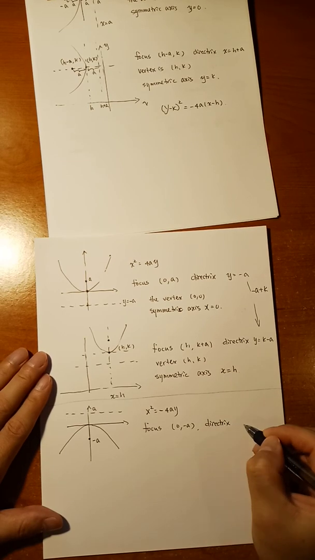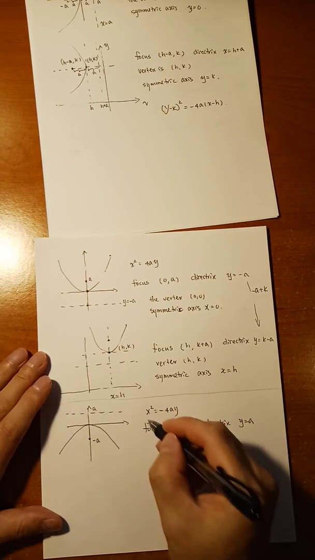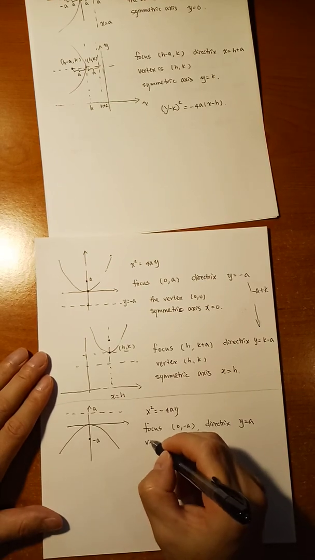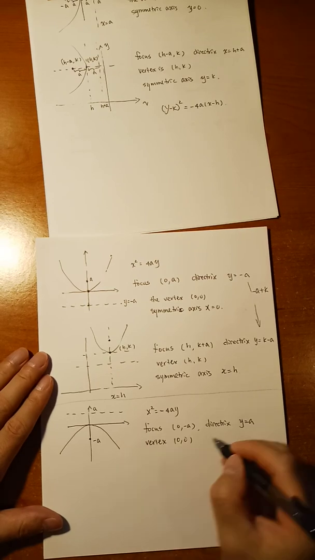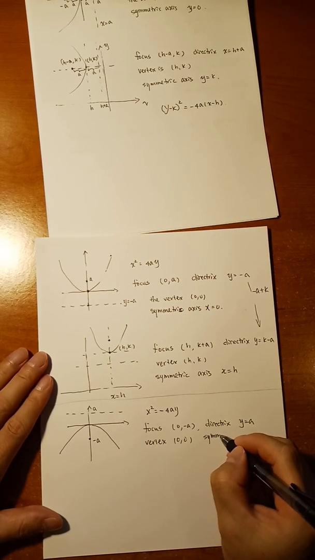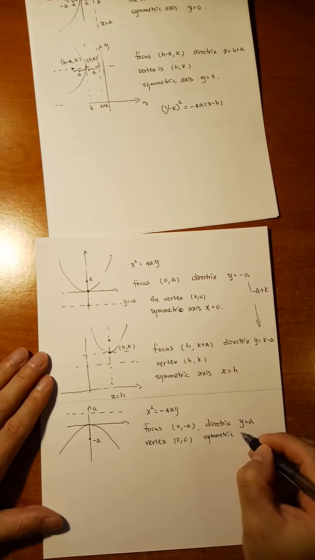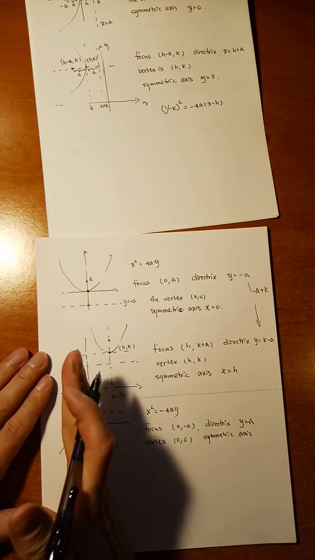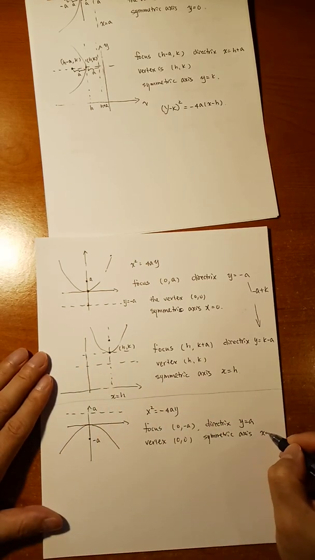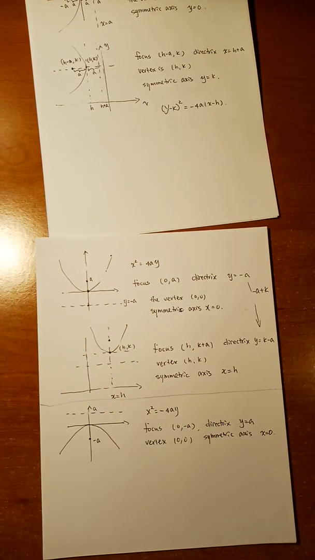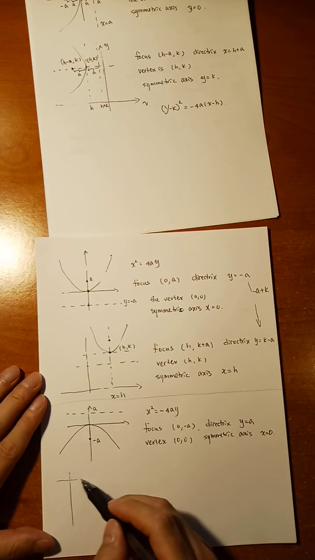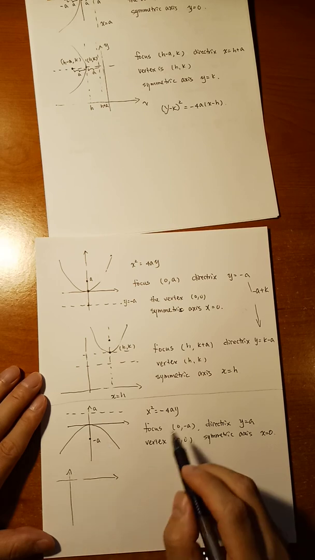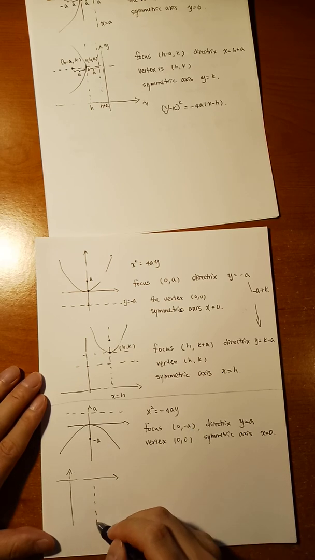Directrix is y equal to positive a. Vertex is (0, 0). Symmetric axis, x equal to 0. And then we move the vertex to the point (h, k). This point is (h, k).